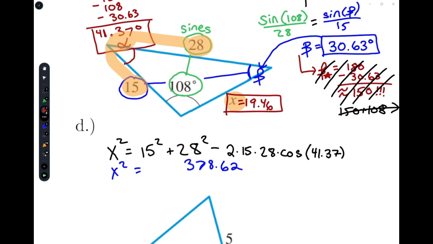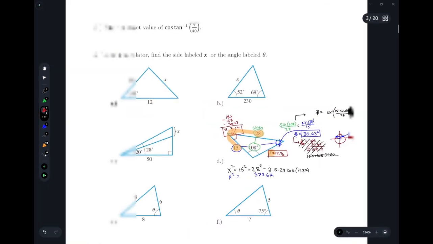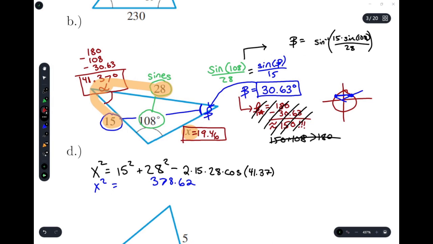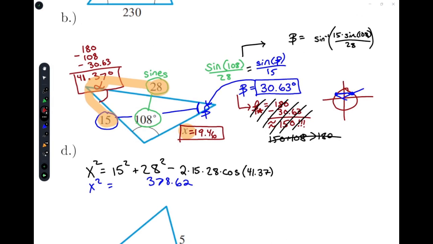I'm saying it wasn't perfect, like the smallest one. 30 went with 15, and 40 went with 19 this time. Oh, it did work. You're right. I was getting messy brain.